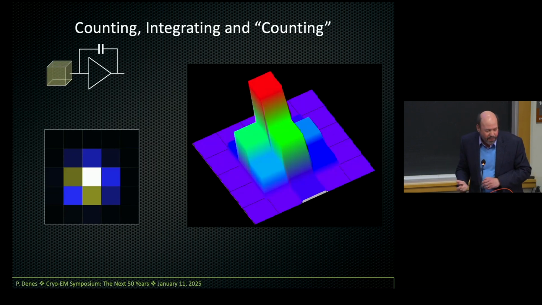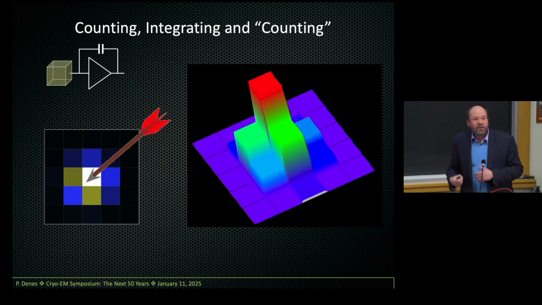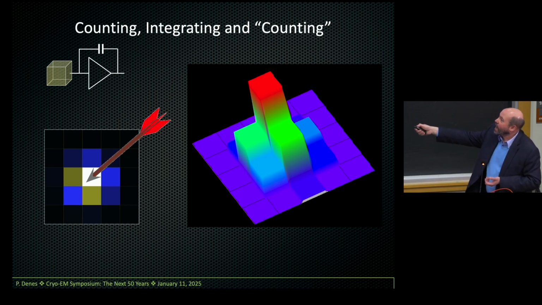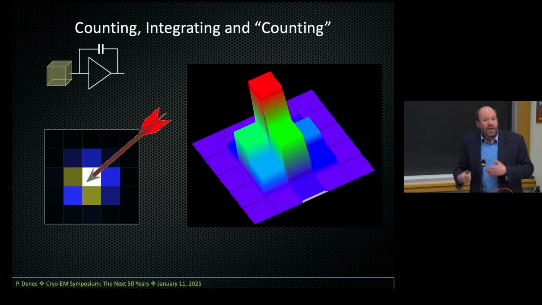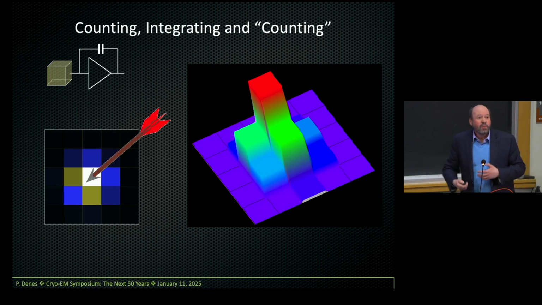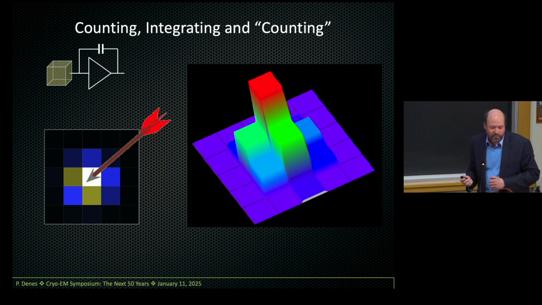They're their own thing. So now, if we don't count the charge, but we integrate it, so we reproduce this pattern, then we can get sub-pixel resolution by taking into account all the different energy depositions, and that's accurate up to the limit that these differences are actually generated by multiple scattering rather than just collection of charge.